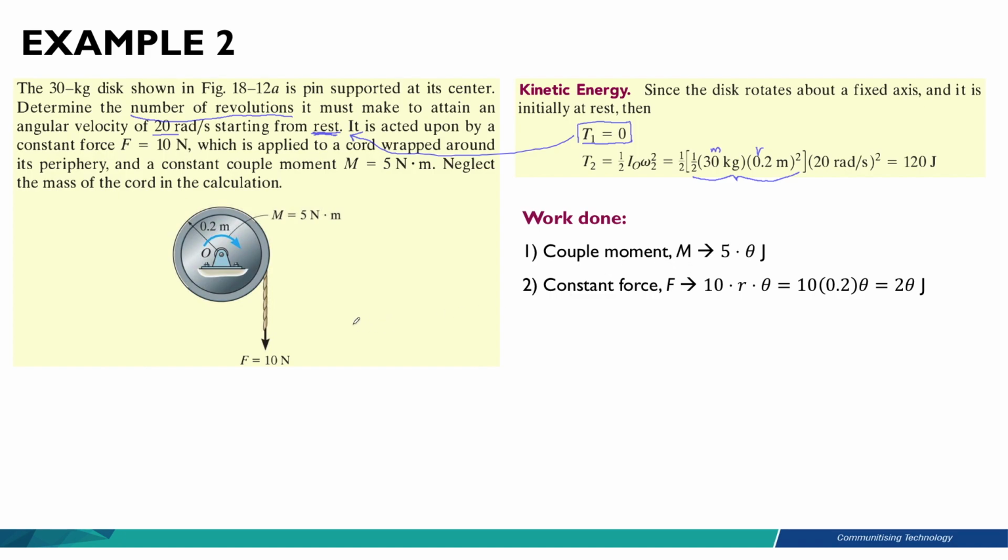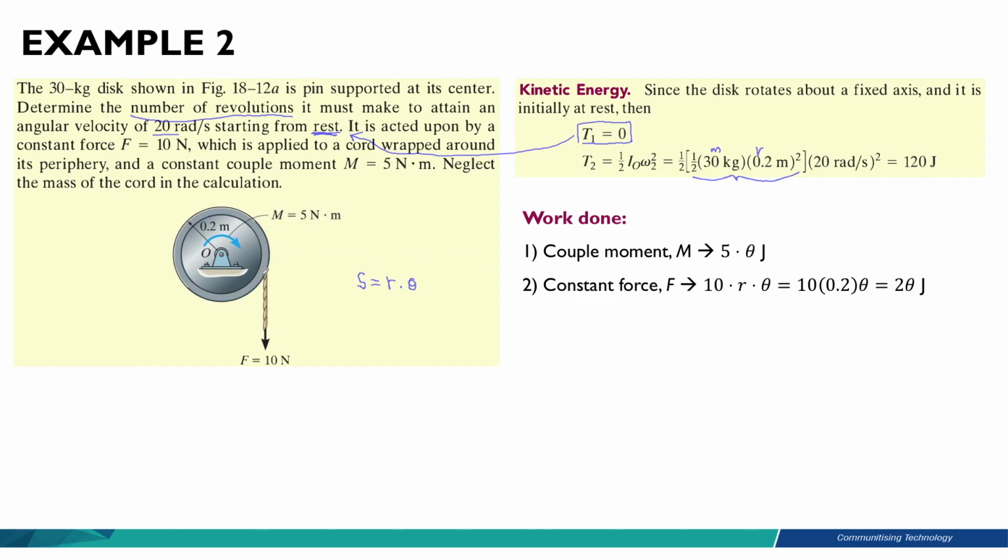And for constant force F here, we will use the same equation as our previous example. S is equal to R times theta. So the work is F, 10, times R times theta.